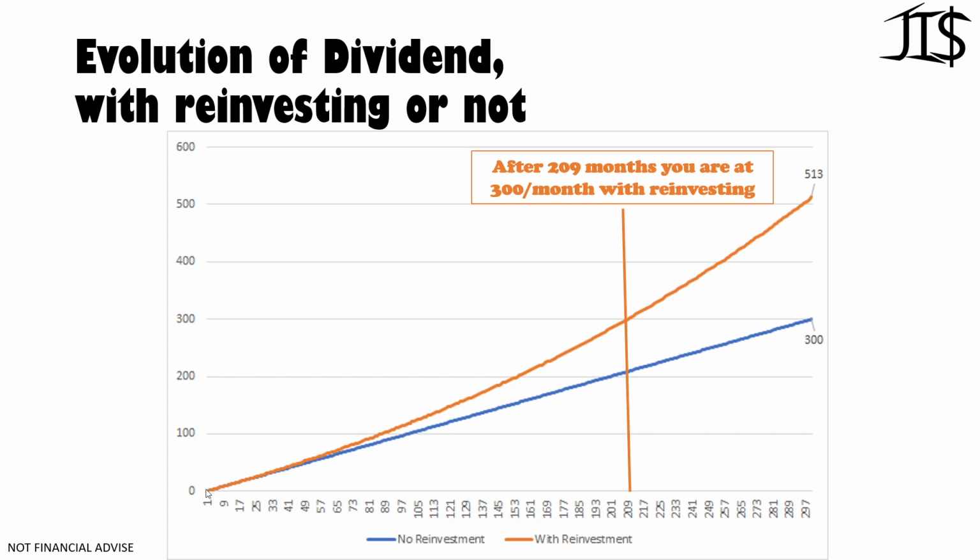So you start investing with 300 Swiss francs per month, and then at 209 months you receive 300 Swiss francs per month. So from that moment on, you can double your investment amount every month because you receive the 300 Swiss francs from your investment yourself. And that's really the time when your investment journey is reaping the benefits of staying consistent.